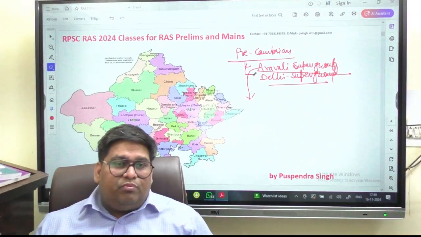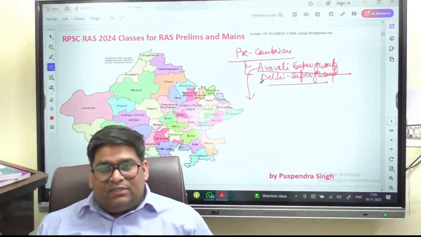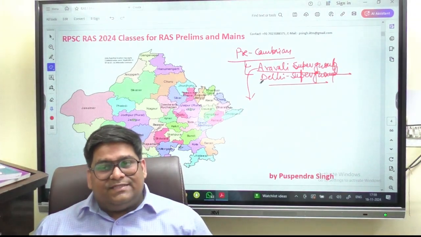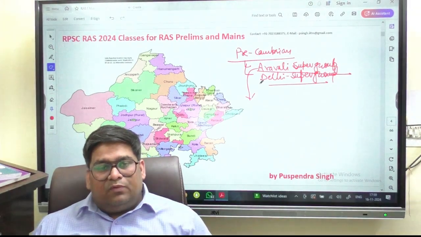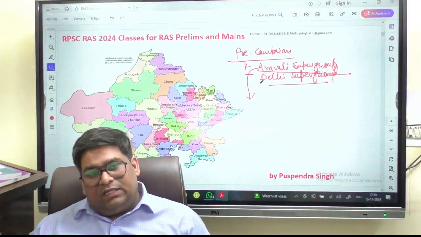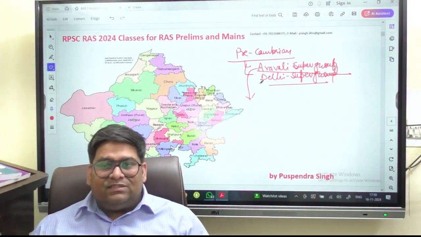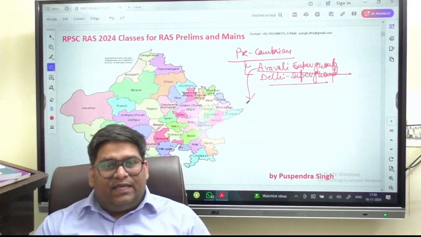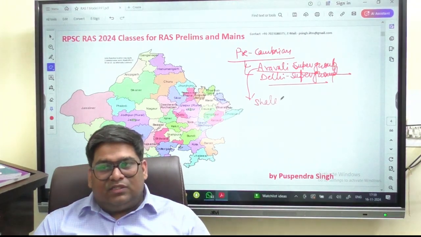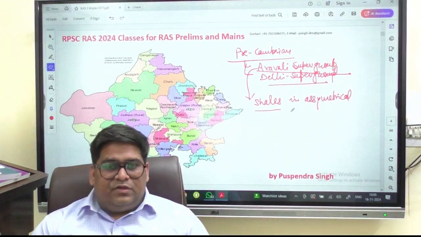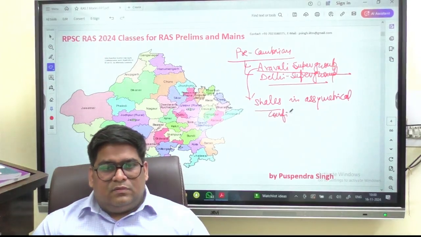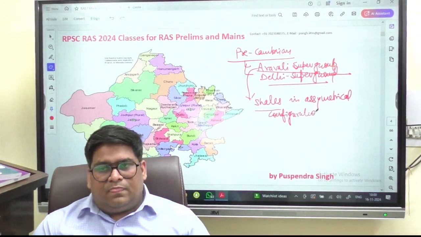Here the most important aspect is the shales, which are situated in an asymmetrical configuration on the top of the hill, which we can call the Aravalli subgroup. So it is primarily the shales in asymmetric configuration on the top.